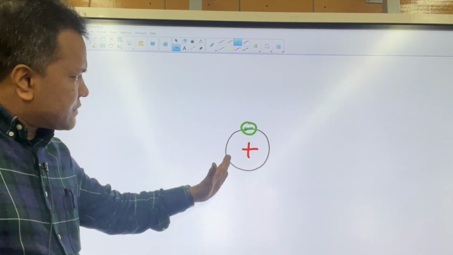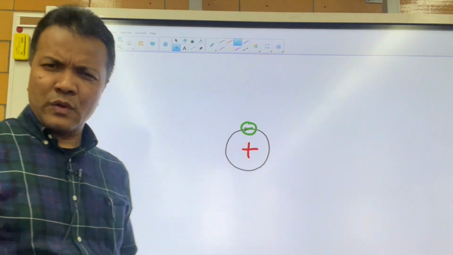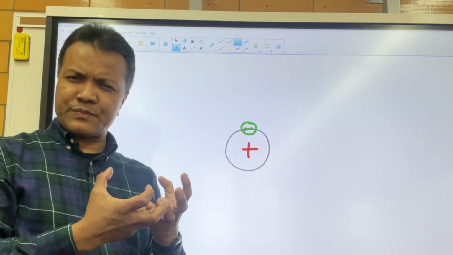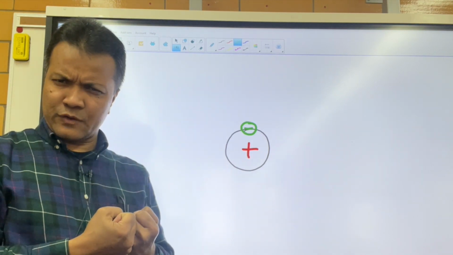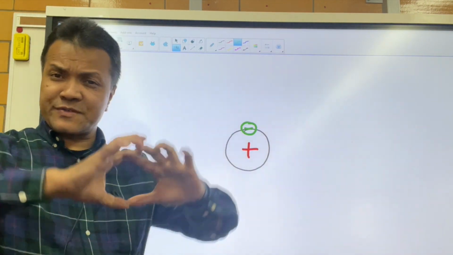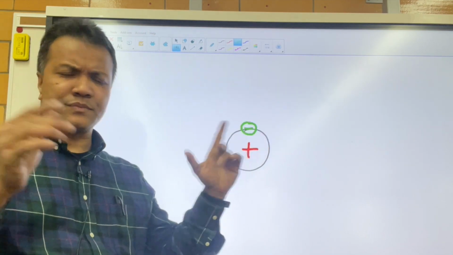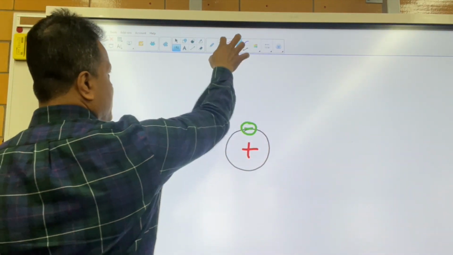You see that the proton's job is to control the electron. An electron's job is to escape from the atom. By the way, this is a hydrogen atom.